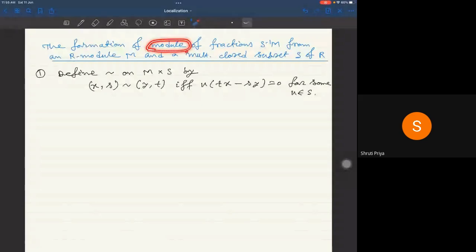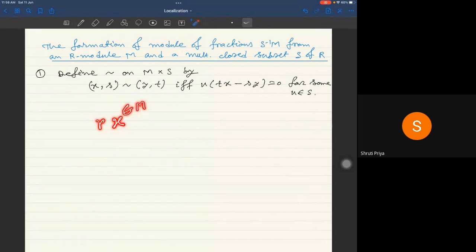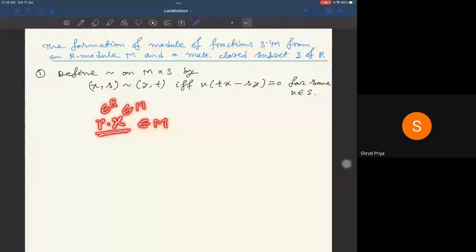And you have scalar multiplication, where scalars are coming from R. Whenever you have an element of R and an element of M, you can multiply them, and this product is an element of M. This scalar multiplication and addition satisfy certain properties, and in that way we define what a module is.